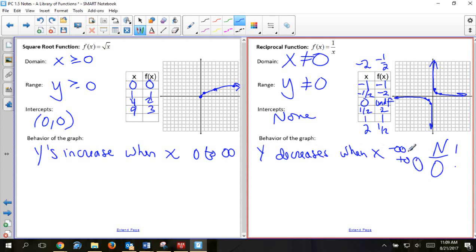And then after that, jump way up here, what's y doing now? From 0 to positive infinity, what's y doing? It's also decreasing. So it's also decreasing when x goes from 0 to infinity. So it's decreasing in both sections.